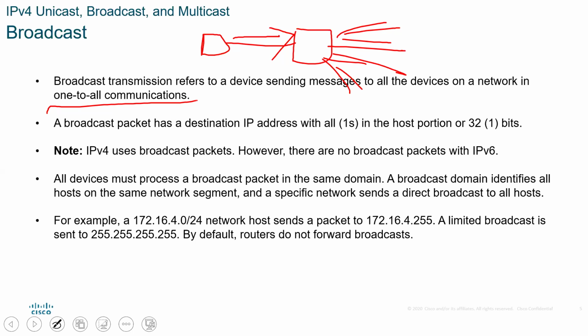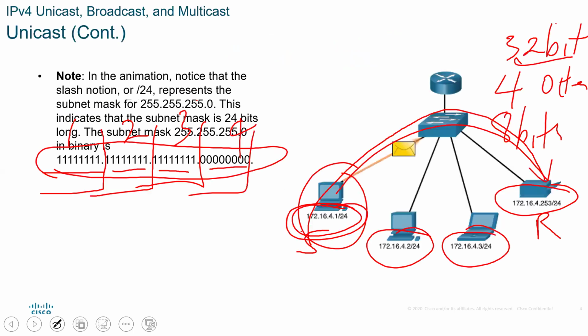So a broadcast packet has a destination IP address with all of the bits as 1 in the host portion of the 32 bits. So remember we said an IP address has 32 bits, has 4 octets, all right?